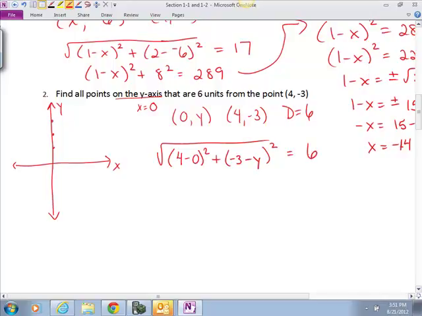And so what we can do here is square both sides, and then here 4 minus 0 is 4, so this is 16 plus (-3 minus y) squared is equal to 6 squared, which is 36.